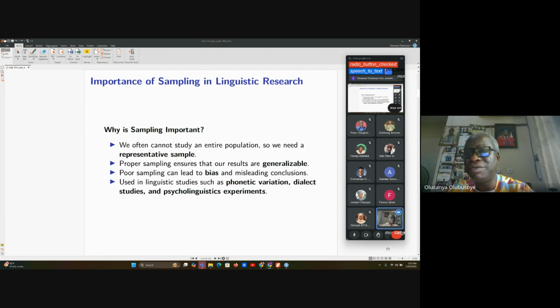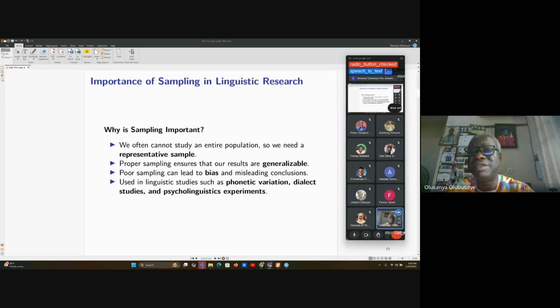So the language identifies the members of that population. So if we take, for instance, Yoruba speaking tribes, then you need to study this group, the Yorubas.